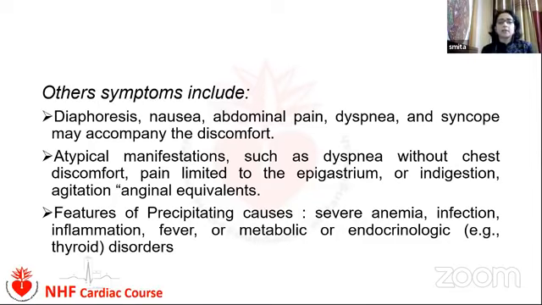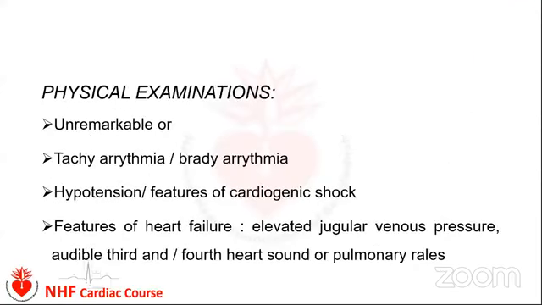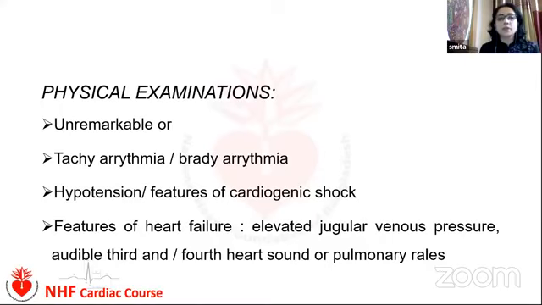Some patients may have precipitating causes like anemia, infection, fever, or metabolic or endocrinologic disorders. In acute coronary syndrome, the physical examination is usually unremarkable, though sometimes there may be features of cardiogenic shock and heart failure.